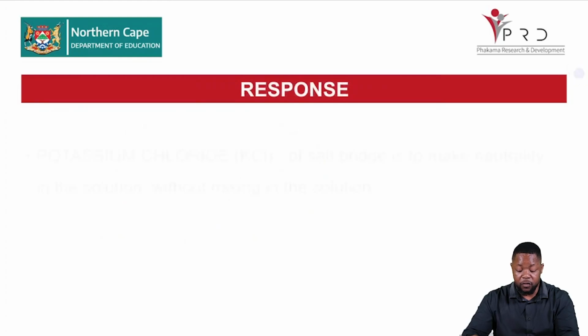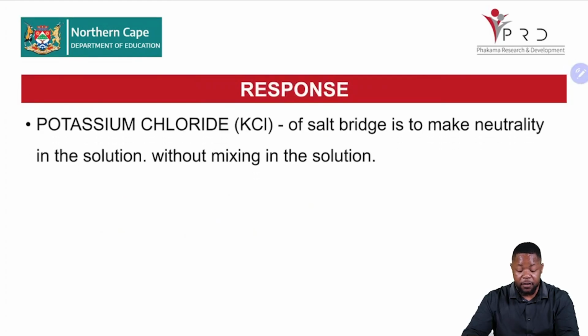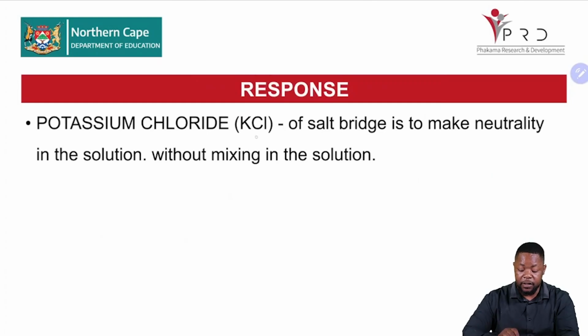The response to that question, as in the baseline activity, is that the potassium chloride, which is an ionic substance in the salt bridge, maintains electrical neutrality in the solution without mixing the solutions.